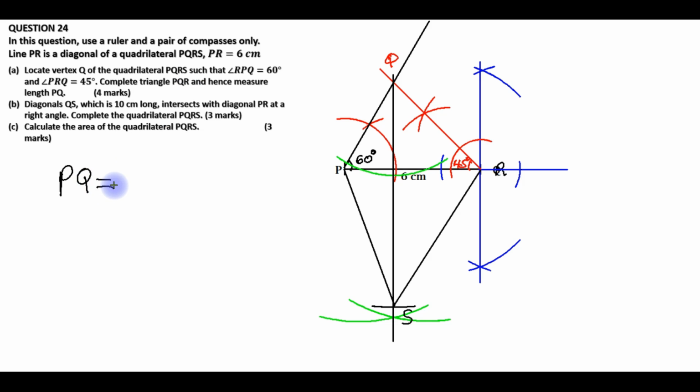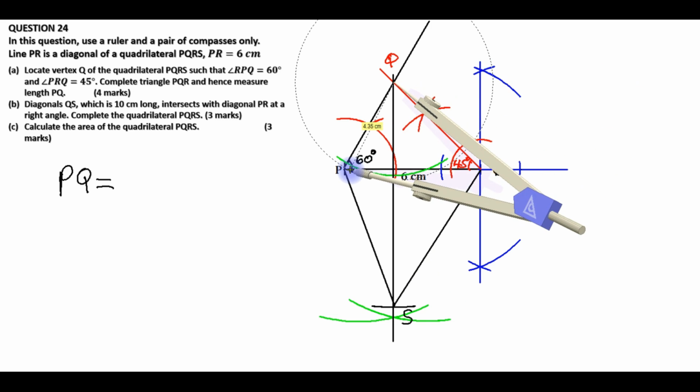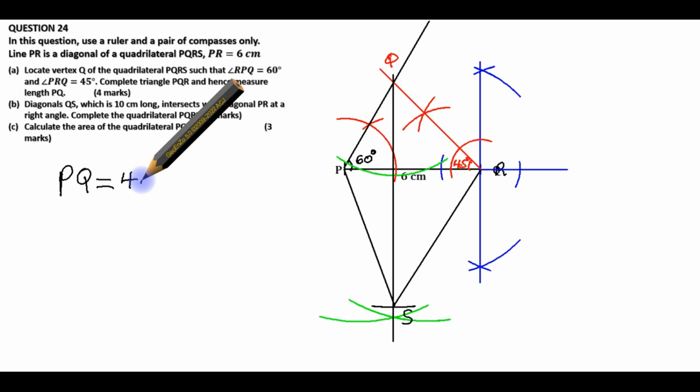Let us take the ruler and measure it and see the value you are going to get. So I'm getting 4.4, that is 4.4 centimeter.